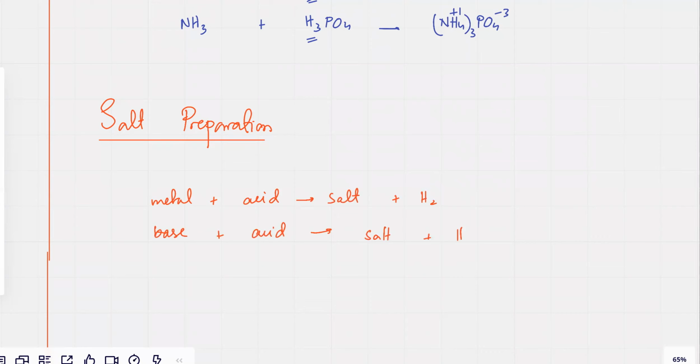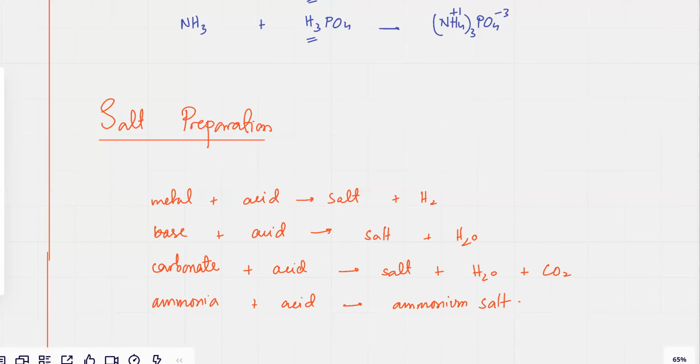You can have a carbonate plus acid reaction, and that would produce salt plus water plus carbon dioxide. And the last reaction which would produce a salt is ammonia plus an acid, and it's going to give you an ammonium salt.